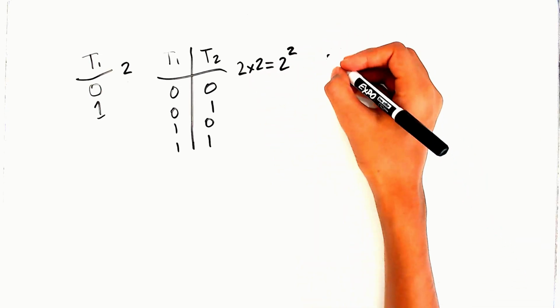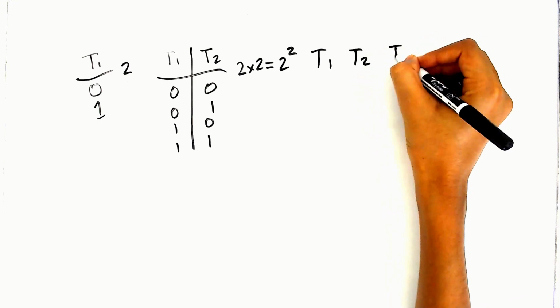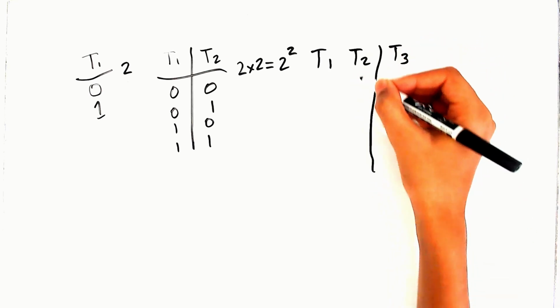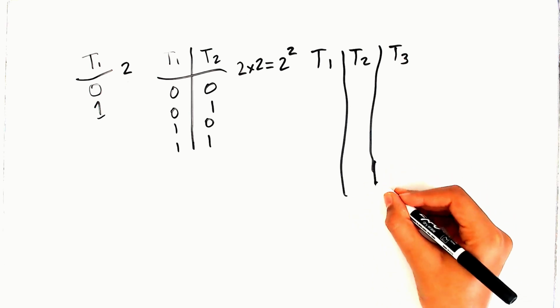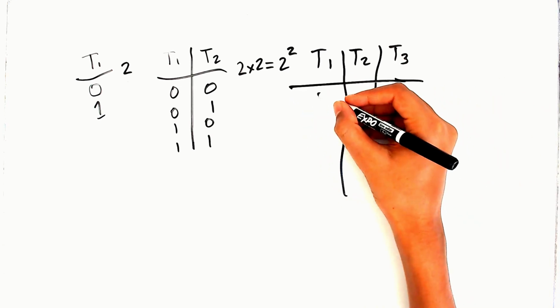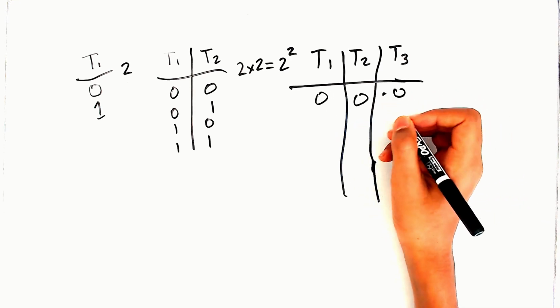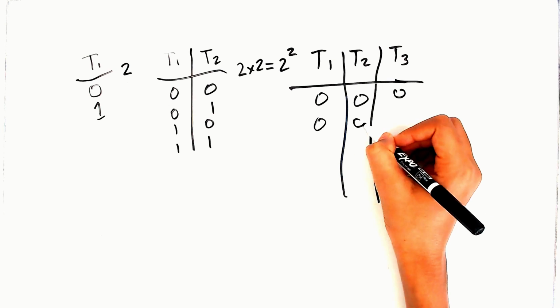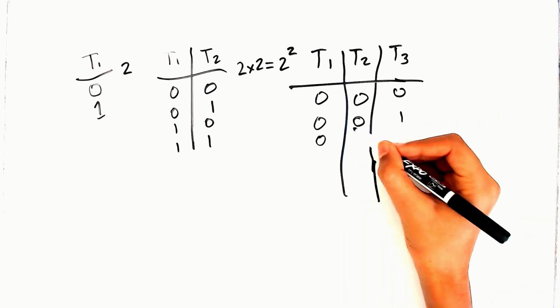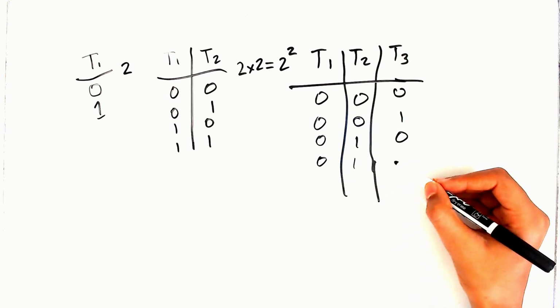Now let's go with 3 toppings. So type 1, type 2, type 3. So here, 0 toppings from 3 of them, and then 1 topping there, and 0, 1, 1.